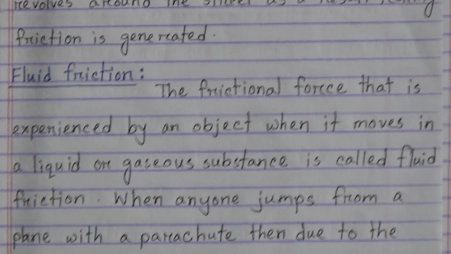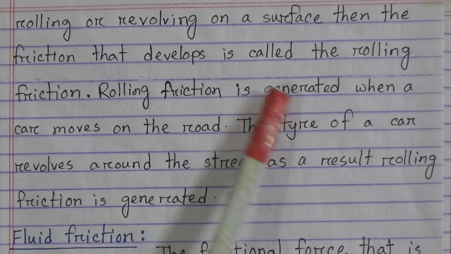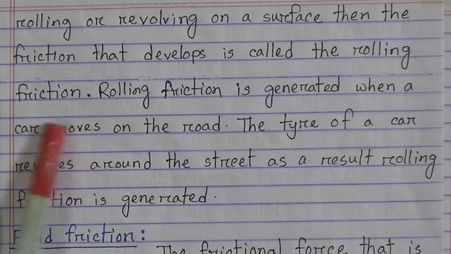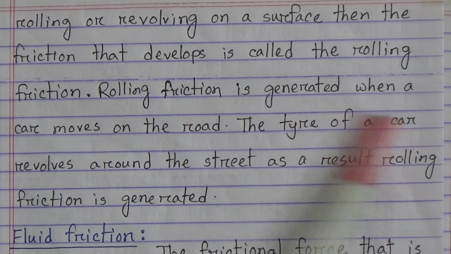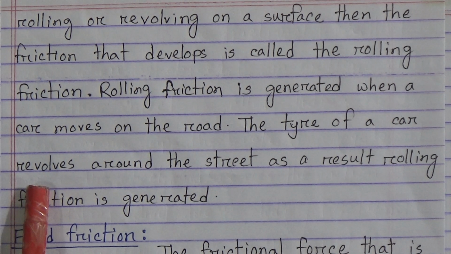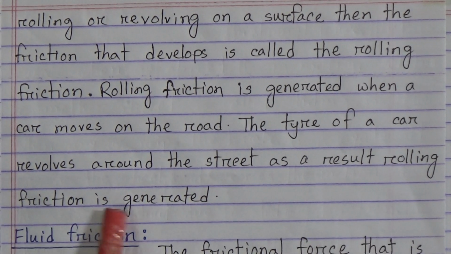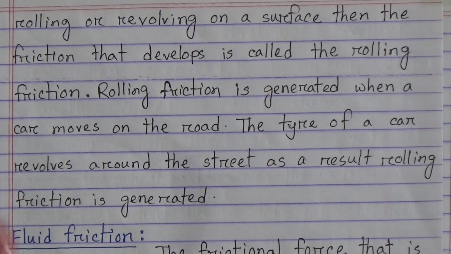Now come to rolling friction. When an object moves by rolling or revolving on a surface, the friction that develops is called rolling friction. Rolling friction is generated when a car moves on the road. The tire of a car revolves on the street, and as a result, rolling friction is generated.